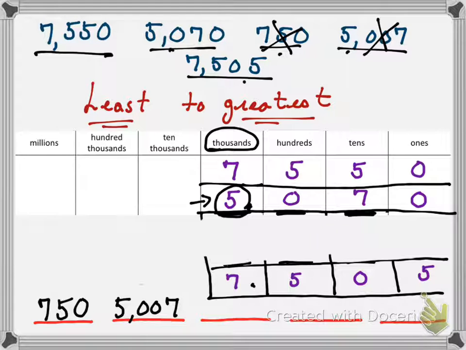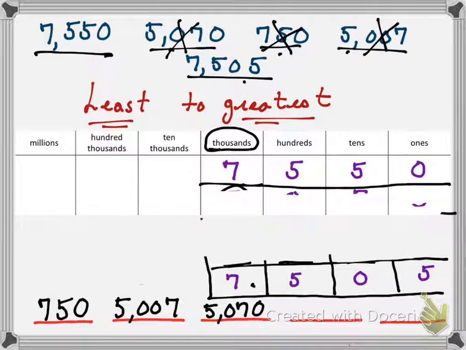It has a 5. The other ones have 7s. So I'm going to record him. Take him out of the game. 5,070 is the third least number. And just like I did last time, I can erase him from our place value chart to make it less complicated.